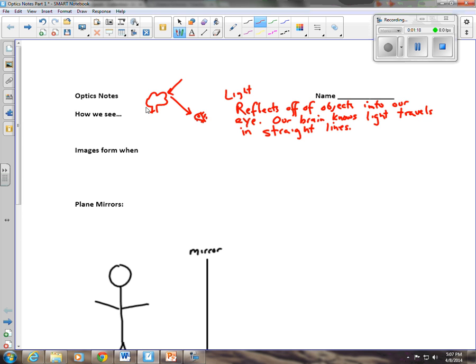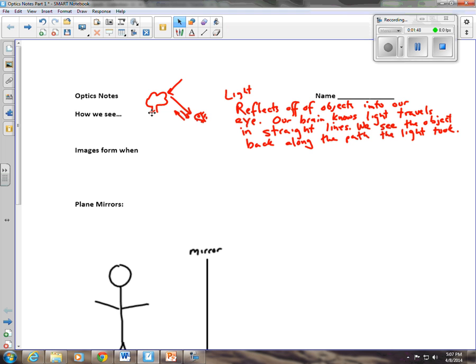So we see the object back along the path of light. So since the light entered my eye going this way, I know the tree is back that way. So we see the tree in that direction.